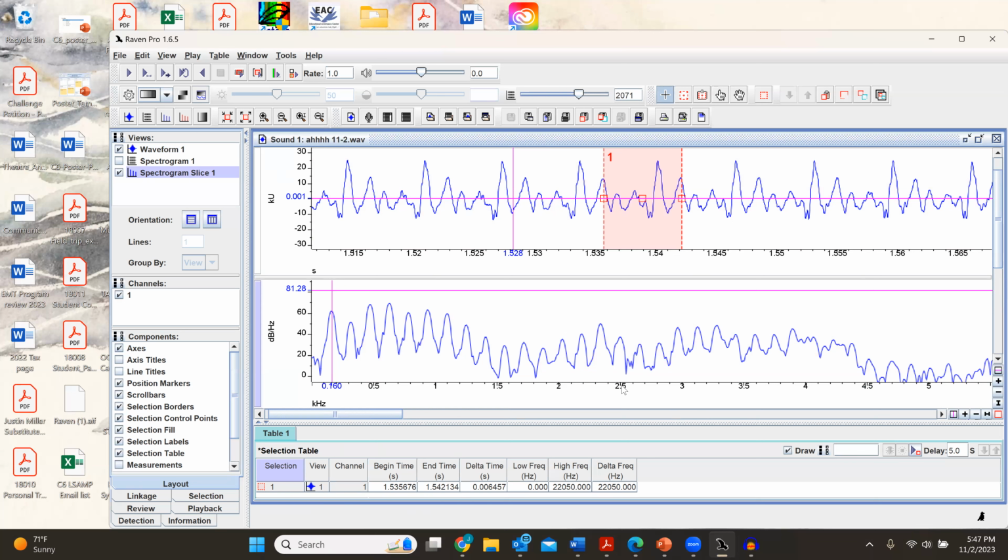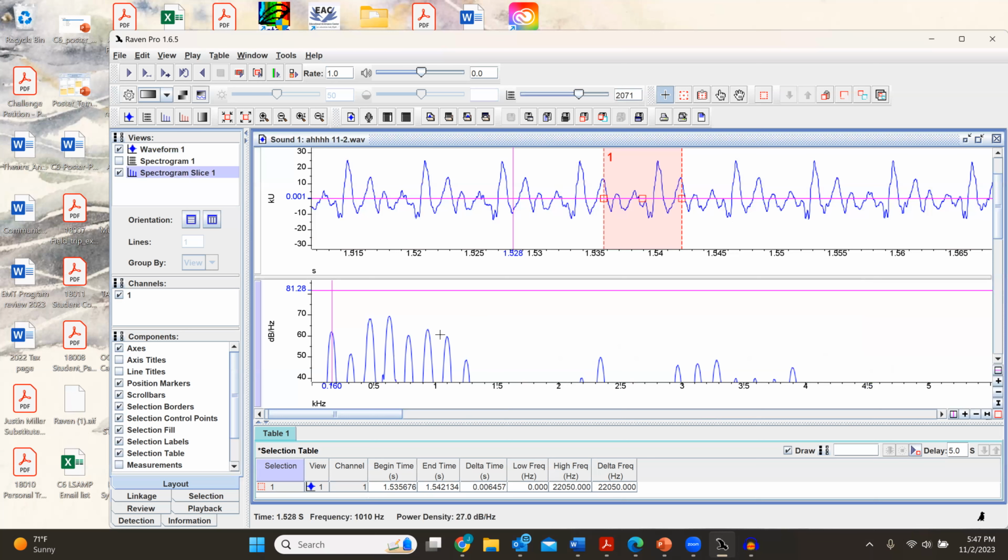If I want to look at what was the greatest contribution within my voice frequency-wise, it looks like it was the fourth harmonic. I want to be sure I could always extend that out a little bit and see, oh yeah, the fourth harmonic, that one's definitely the most intense, followed by the third harmonic, followed by the sixth harmonic, then followed by the first harmonic.